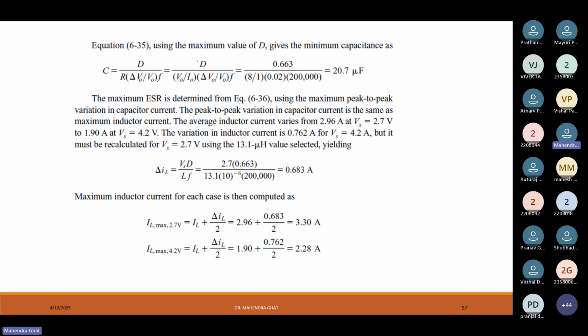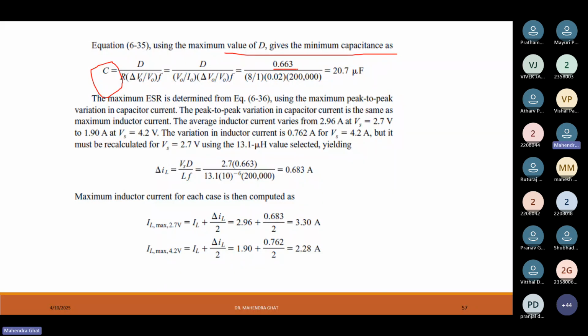Now, the maximum value of D gives the minimum capacitance, because the capacitance is directly proportional to D. Whatever D is higher, you will get the highest value of C as the worst case value, which is the minimum capacitance required. That's why D is taken as the highest, which was at the 2.7 volt condition.